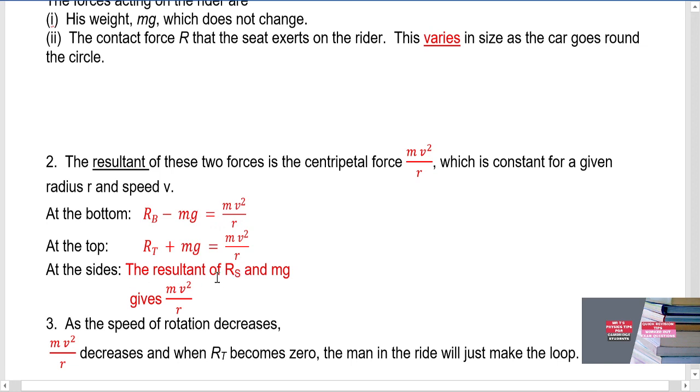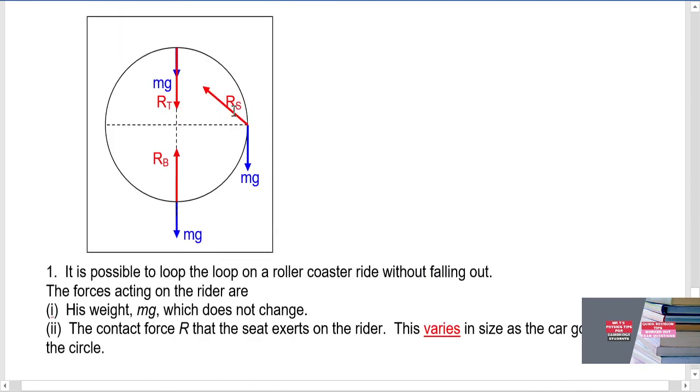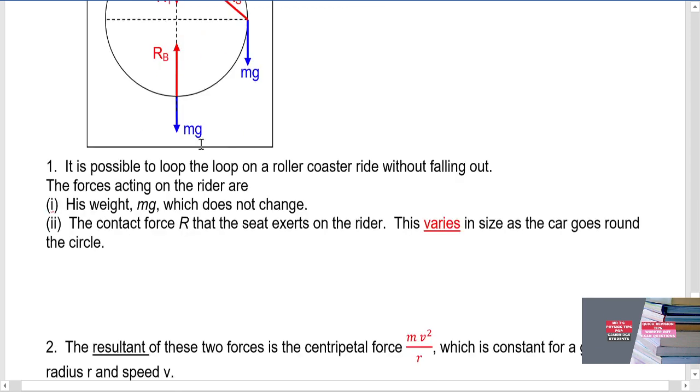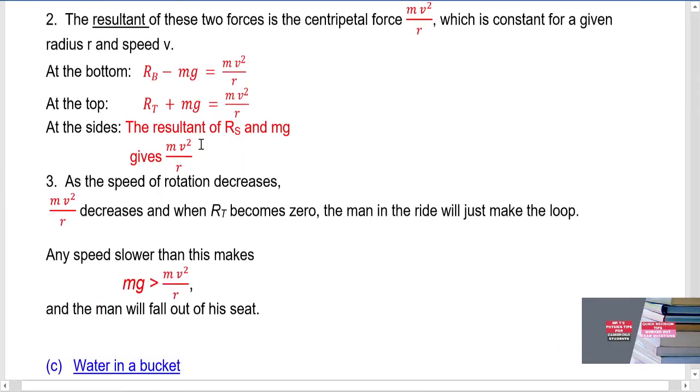Then on the sides, the contact force is equal to mv squared over r. If it's at an angle like this, then we can resolve the force; the component of it is the one that will be equal to the reaction force, which is the centripetal force.